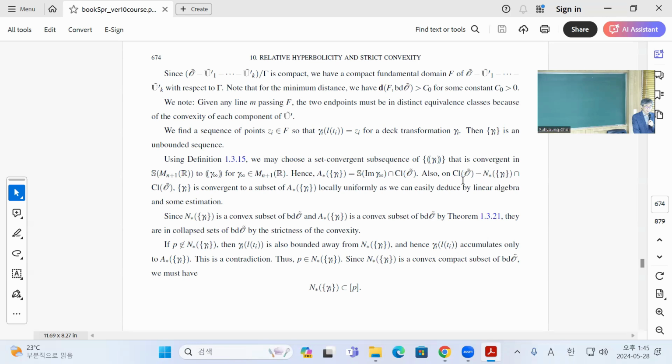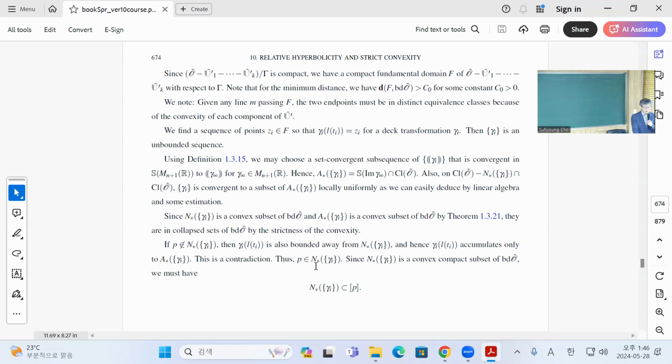So if you remove anything in the null space, then it converges to A star locally uniformly by the linear algebra. So, since this is a convex subset, this is also a convex subset. So they should be in the closed subset because of the strict convexity. So they should always be, as long as this is not in here, and then this is bounded away from the gamma_t. So this accumulates only to A star.